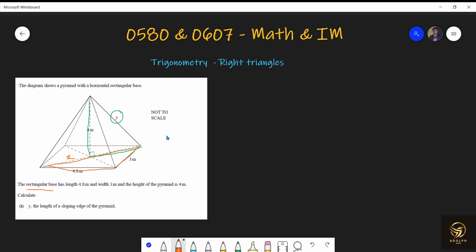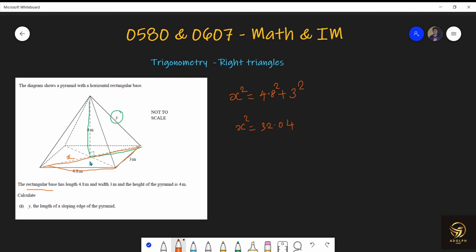Here we are going to use only the Pythagoras theorem because everything is sides, so no angles are involved. Let's start writing x square, because that's the hypotenuse square, equals 4.8 square plus 3 square. So x square we are getting as 32.04.